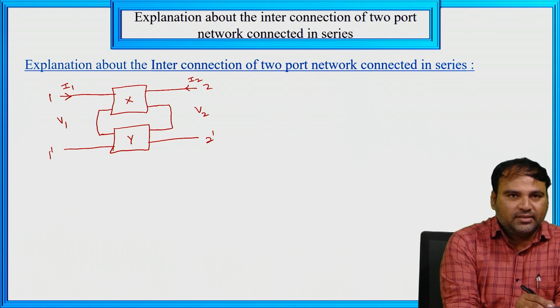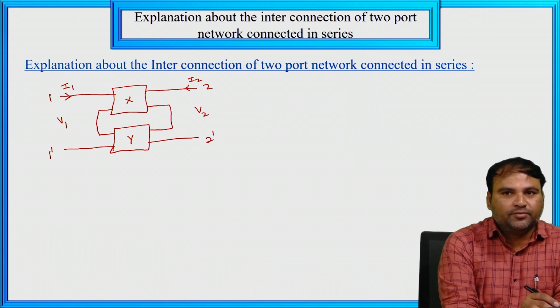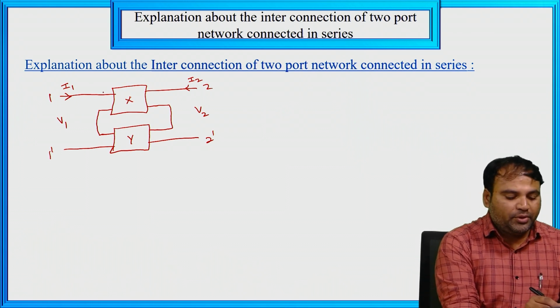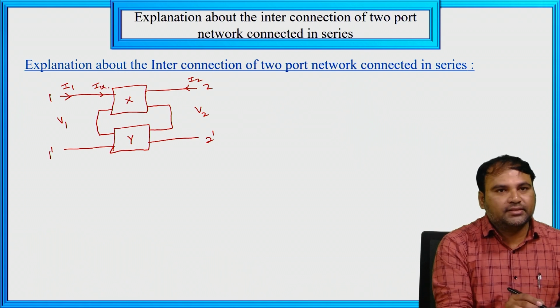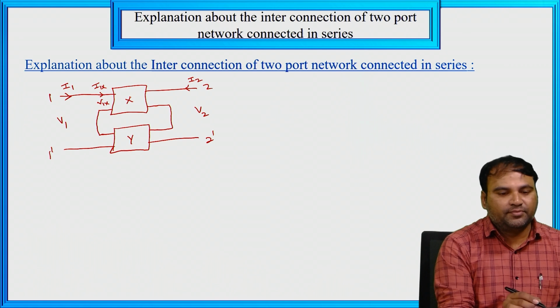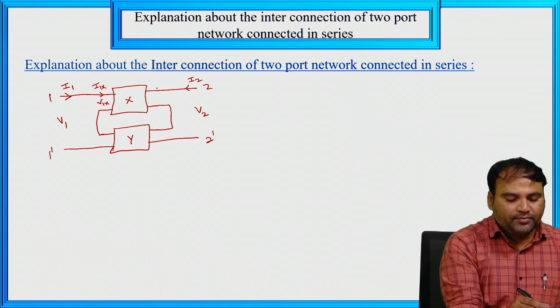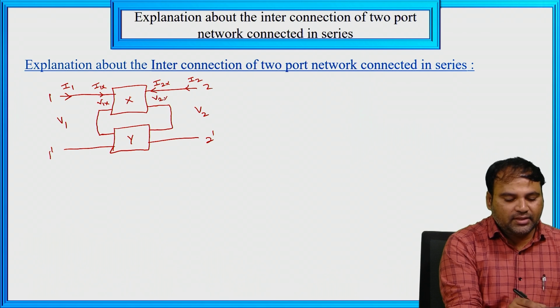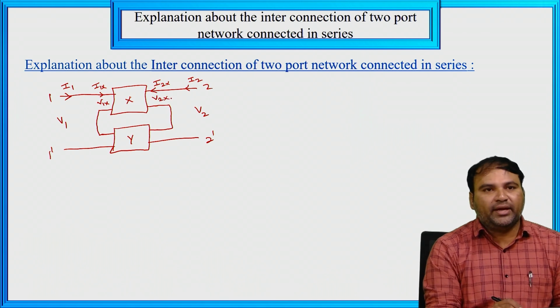For the X network, I am taking the input current as I1X and the input voltage as V1X, and similarly the secondary current as I2X and the secondary voltage as V2X.